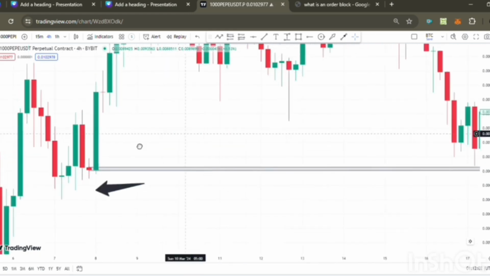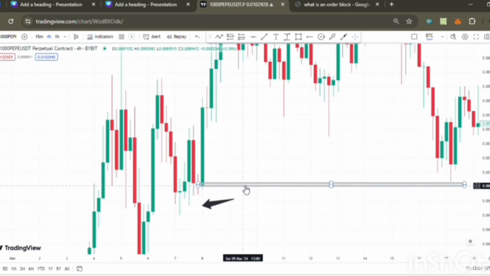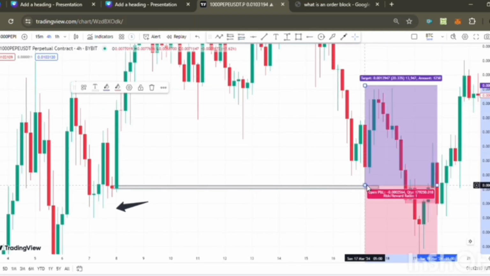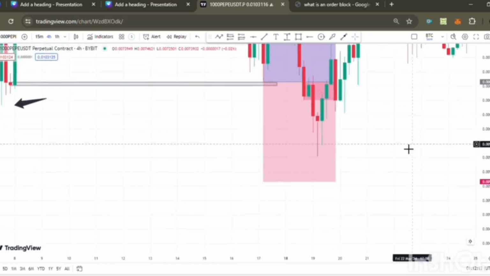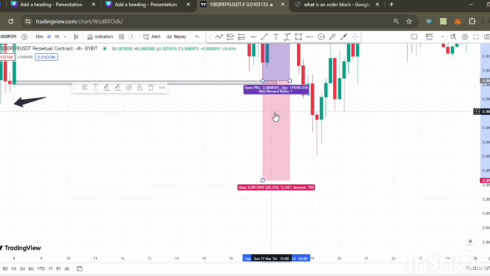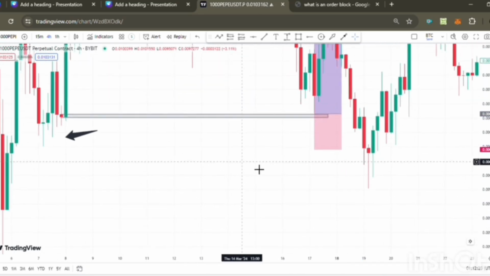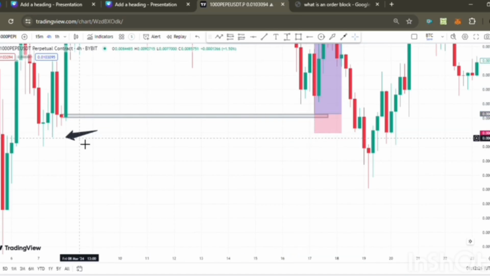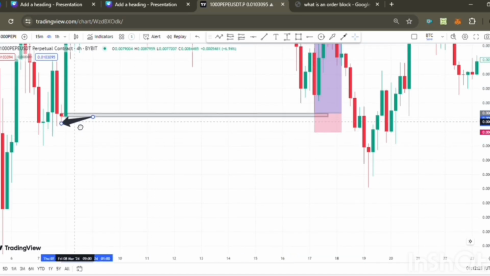Now you pick a long position and place it like this. All right. Now, your stop loss should be above the lower wick of that bearish candle, the lower wick of this candle.